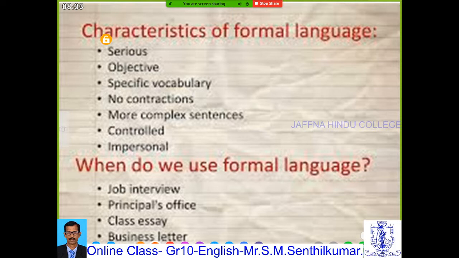Serious means it should be straightforward. You say your idea, objective, you should write it, right? Serious, objective. Specific vocabulary, I already told you. It should contain particular vocabulary. You can't use all the vocabulary that you speak. I know English, but you can't write it in a formal letter, because you should use specific vocabularies.